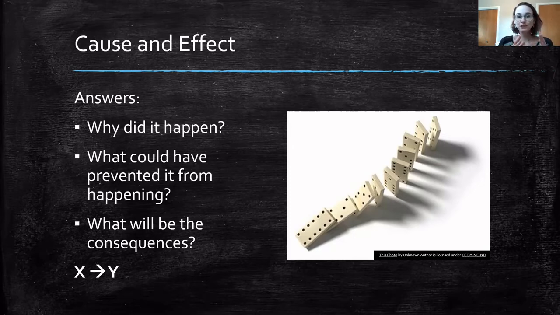So the original cause is the alarm going off, and the effect is my cat wanting to be fed, which eventually causes me to wake up. Okay, so there's a cause and effect that you all might be familiar with or might not.